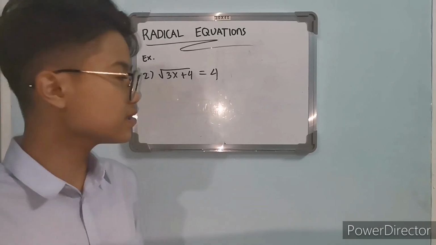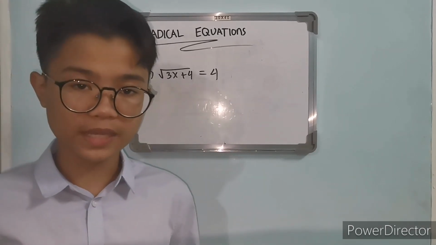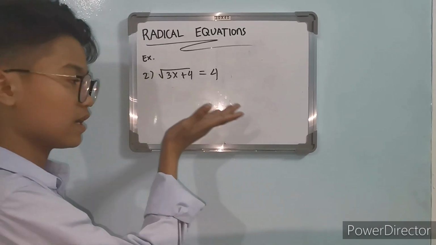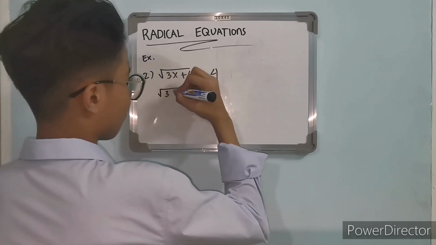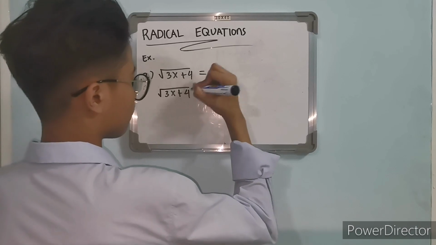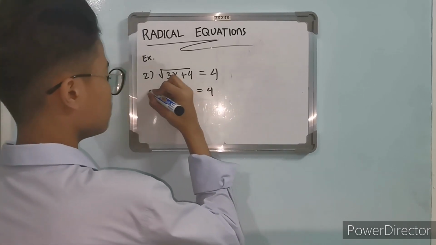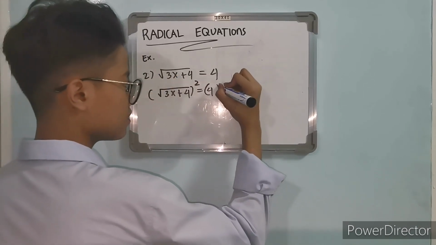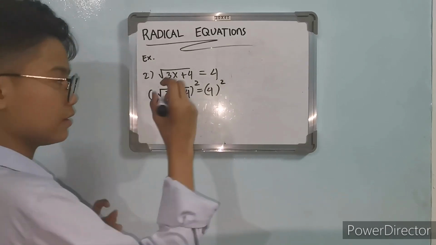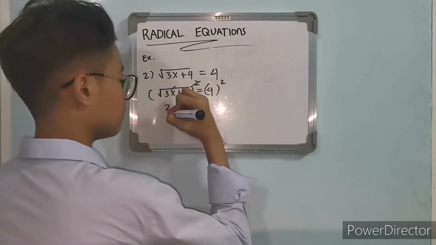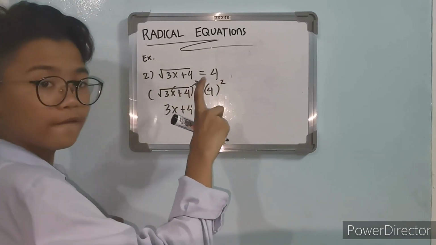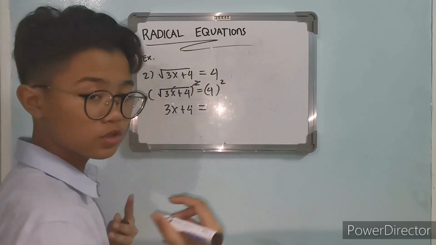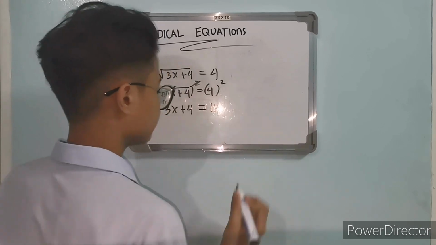But even so, we can still use the same process. We need to square both sides so we can eliminate the radicand, till we're left with 3x plus 4. Then we square 4 too, and 4 squared is 16.